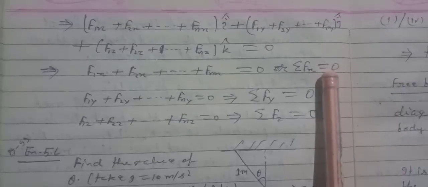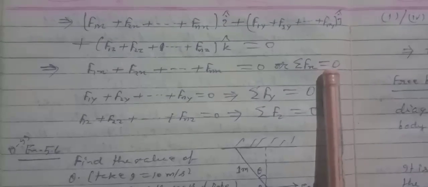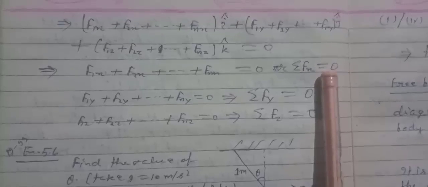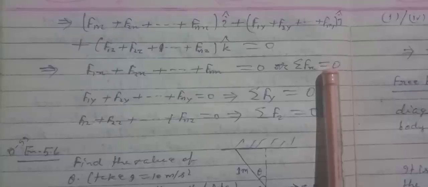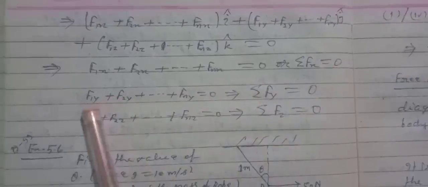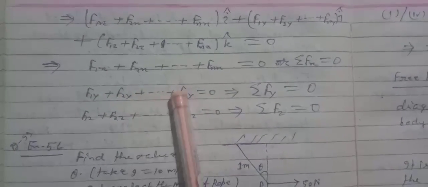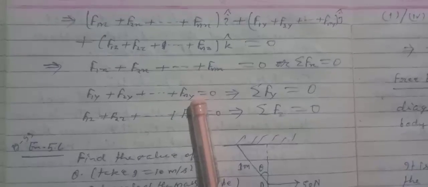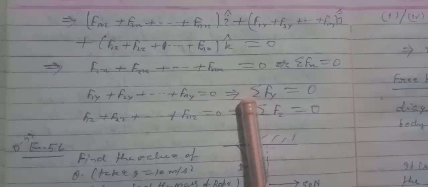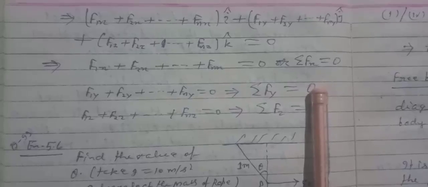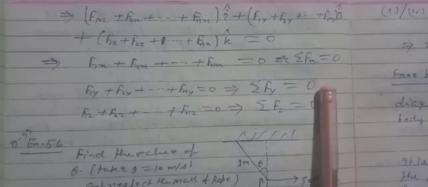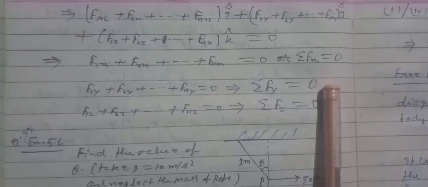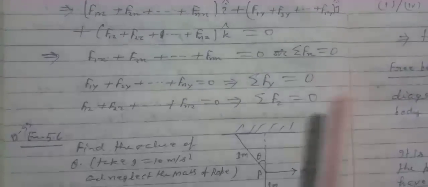That is, the sum of all forces acting along x direction must be 0 to satisfy the condition of equilibrium. Similarly, F1y plus F2y plus and so on Fny equals 0. This implies sigma Fy equals 0. That is, the sum of all forces acting along y direction must be 0 to satisfy the equilibrium condition.